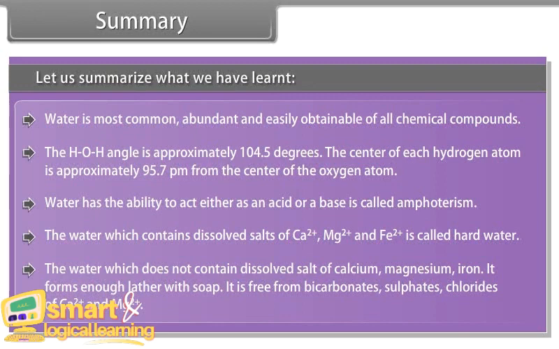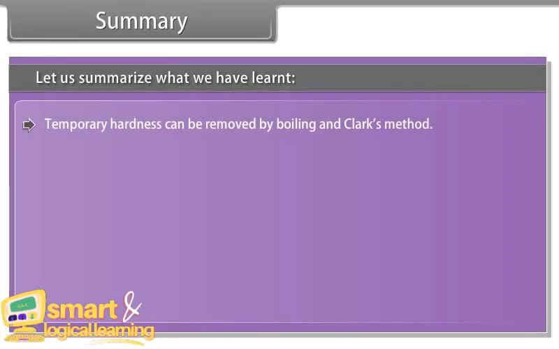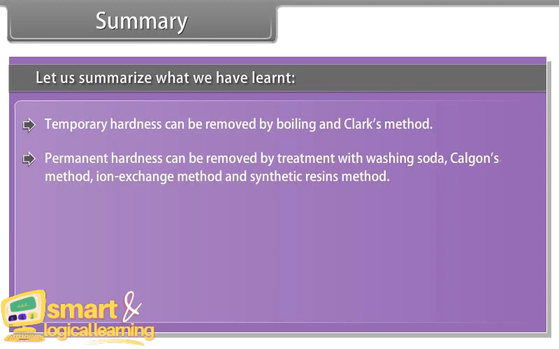It is free from bicarbonates, sulfates, and chlorides of Ca2+ and Mg2+. Temporary hardness can be removed by boiling and Clark's method. Permanent hardness can be removed by treatment with washing soda, Calgon's method, ion exchange method, and synthetic resins method.